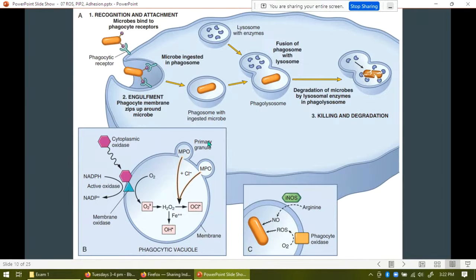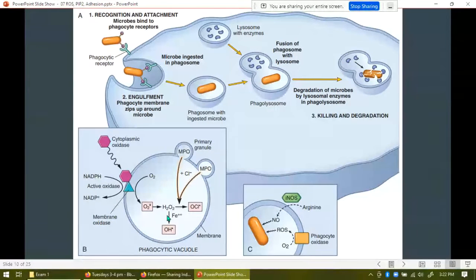And then this is another figure showing you basically the same thing, except this one zooms in a little bit better on the NADPH oxidase. You're going to see this figure later when we talk about exam 3 material. NADPH oxidase takes oxygen and turns it into the superoxide anion, O2 with a single lone electron, and it has a negative charge.